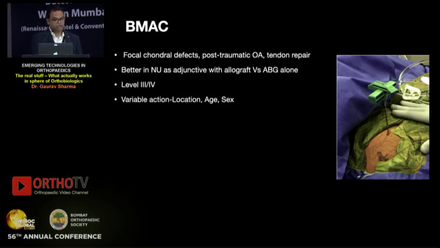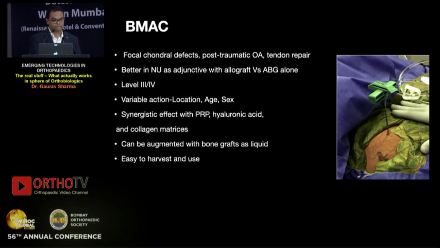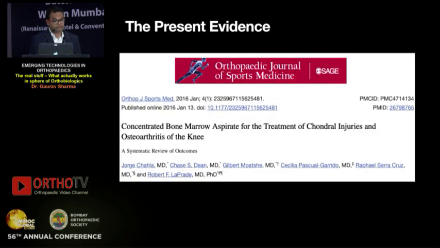However, there are a few variable factors, which could be the location from where the BMAC has been extracted, age of the patient, sex, and comorbidities. It has a wonderful synergistic effect when used with PRP, hyaluronic acid, and collagen matrices. It is easy to harvest and use, and localized pain is the commonest side effect for BMAC.